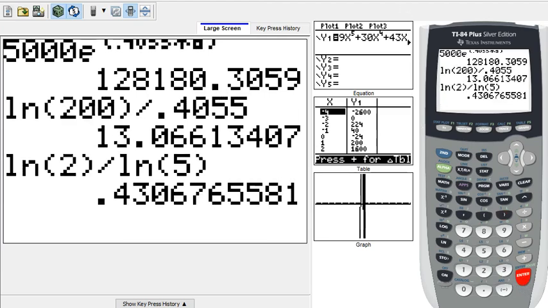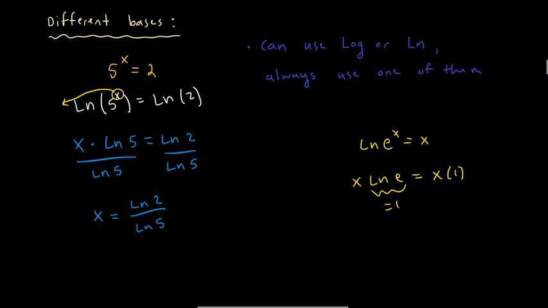So x equals 0.43. Question so far? Two different techniques for solving exponential equations using natural logs to unpack some of that stuff.